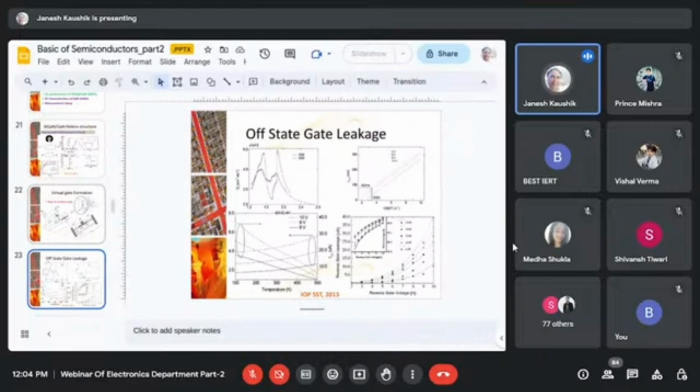So we can calculate the virtual gate length also, what the length of the virtual gate is and how much it is contributing to the gate leakage of the aluminum gallium nitride HEMT. So you can see that we have plotted virtual gate length with respect to the inverse temperature. This is a straight line. That is the model we have developed in 2030.